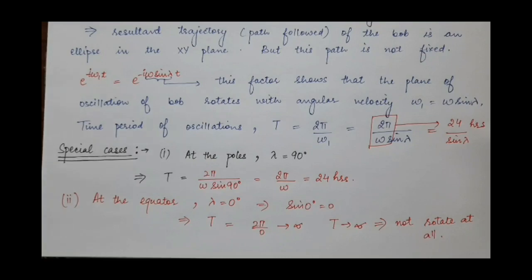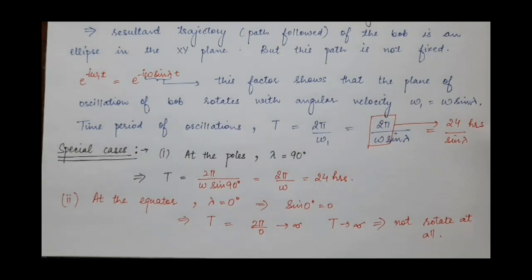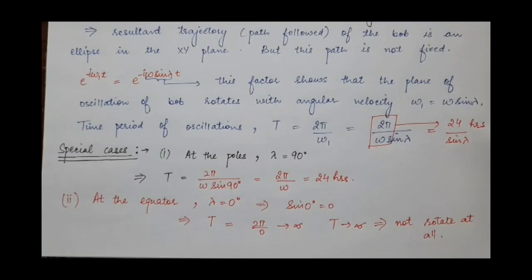So from this, it is clear that there is a shift in the time period as the Foucault's pendulum is moved from the poles to the equator. The time period of oscillation of the pendulum changes, and this relative angular shift of the plane of oscillation of the pendulum over the time period provides the direct proof that earth rotates about its own axis.